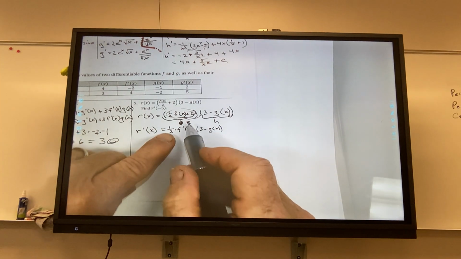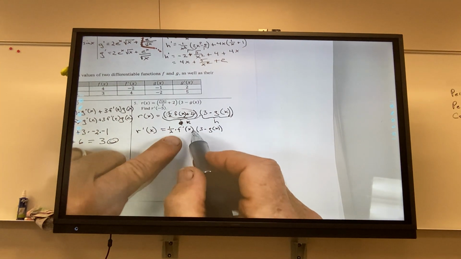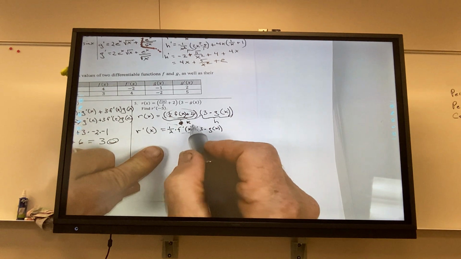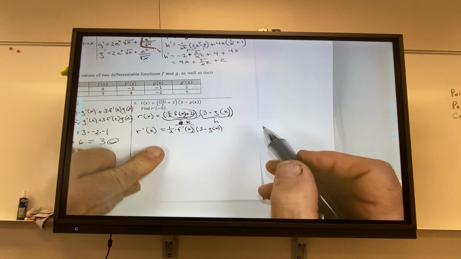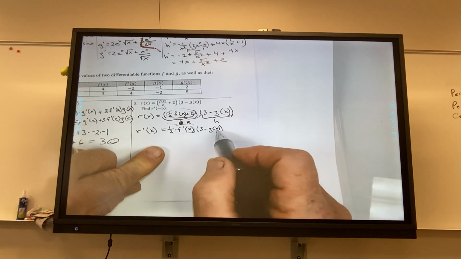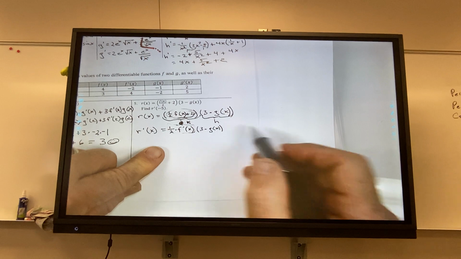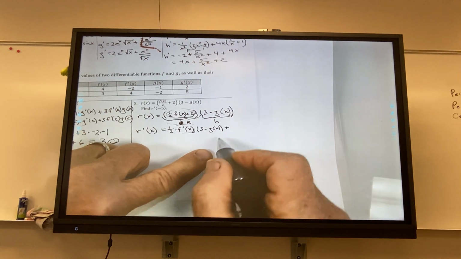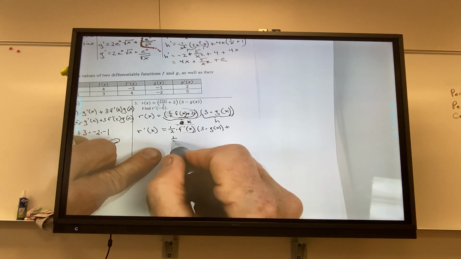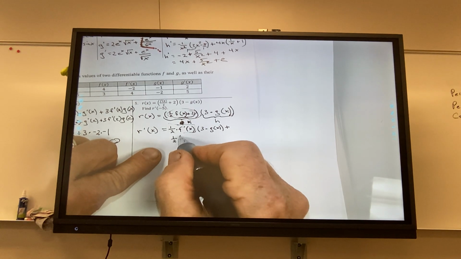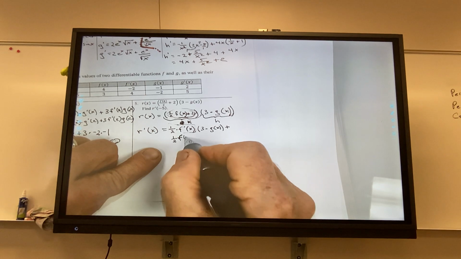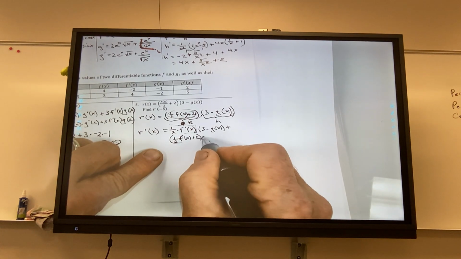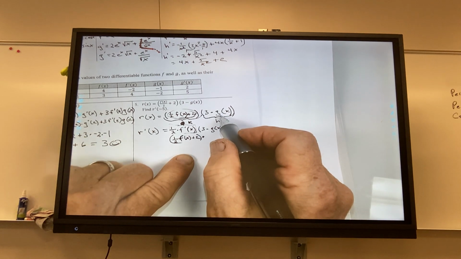So here's the derivative of this first one. I temporarily called it k, so this would be k prime, 1/2 f prime of x, times h, which is 3 minus g of x, plus, now I'm going to have in parentheses 1/2 f of x plus 2 times the derivative of this.